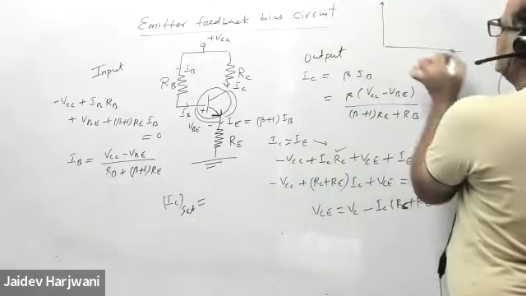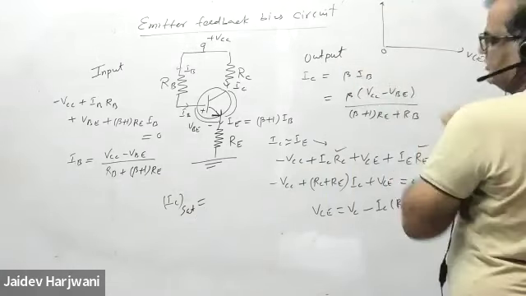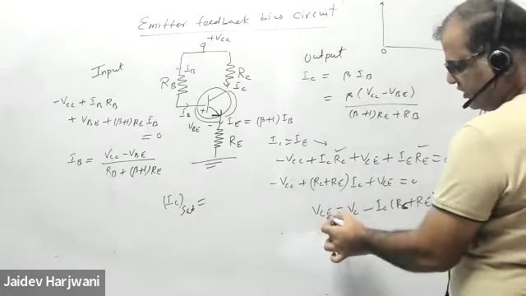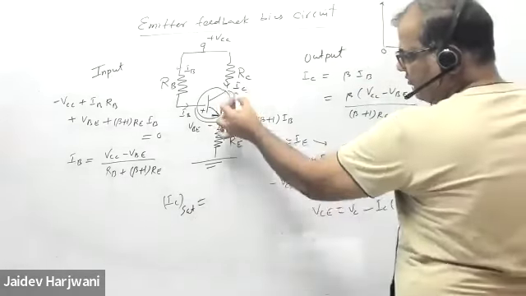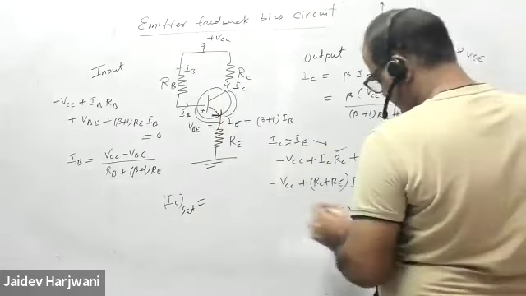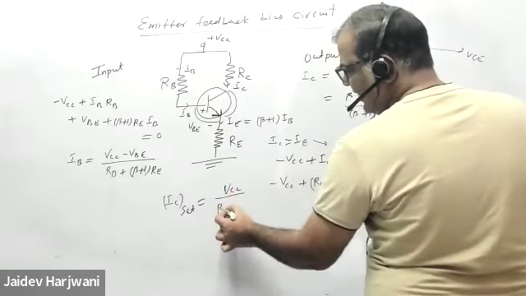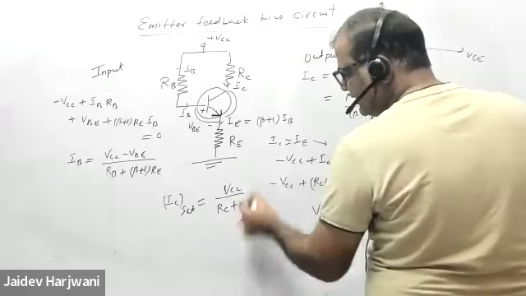For IC saturation, what is the value of VCE? 0. Then put the VCE 0 here. Always short circuit this one. If VCE is 0 here, then your IC will be VCC upon RC plus RE for this circuit.